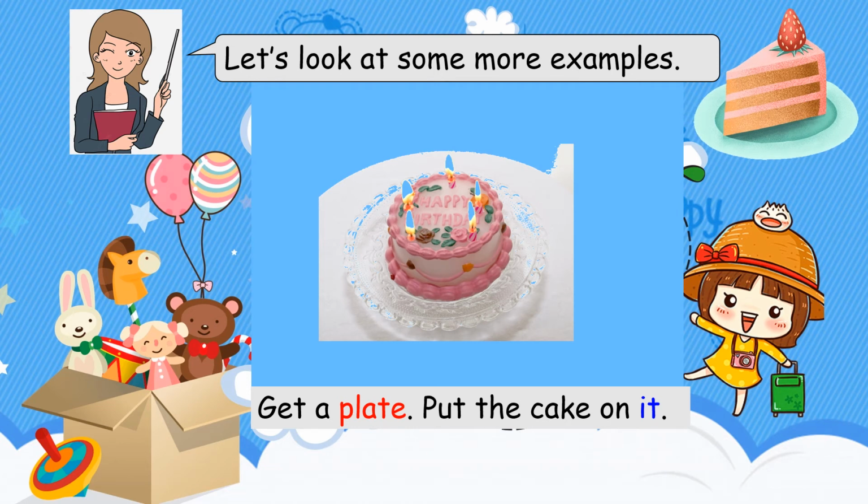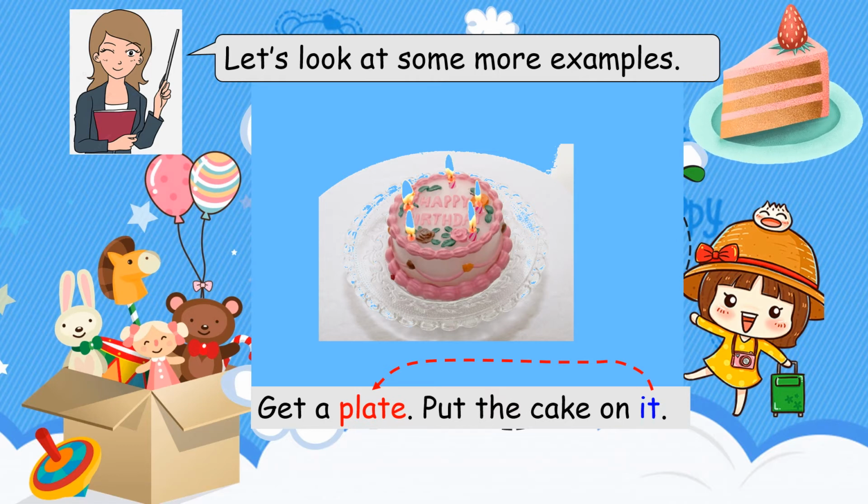How about this? Get a plate. Put the cake on it. The word it in the second sentence refers to the plate in the first sentence. It means that put the cake on the plate. Instead of repeating the word the plate, we use it to replace it.